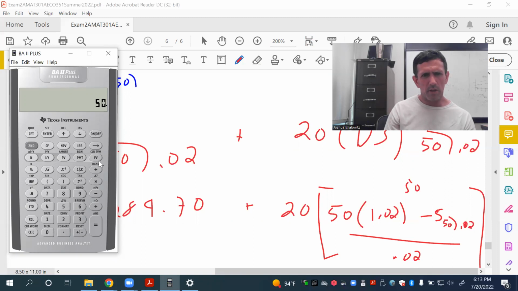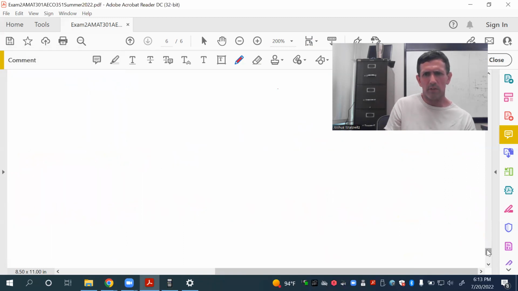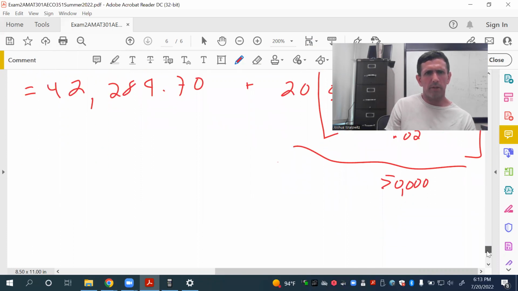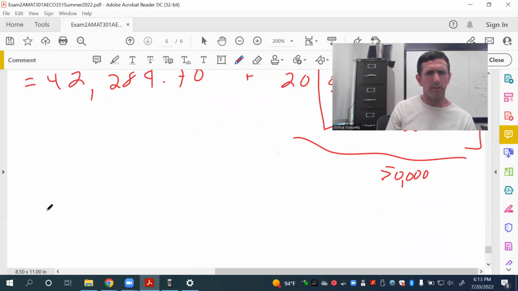And just the numbers work out. You get 50. Pretty surprising, but you do get 50. Divided by 0.02 times 20. That's 50,000. So you get 92,289.70.